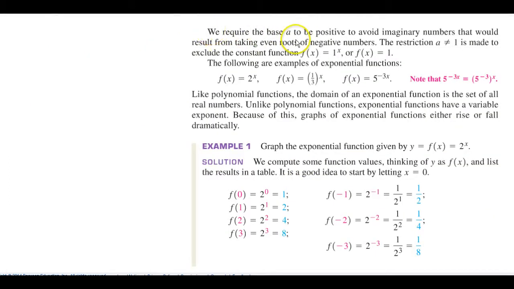It says we require the base a to be positive to avoid imaginary numbers that would result from taking even roots of a negative number. And that goes to the last part of chapter 7, when we were doing imaginary numbers.